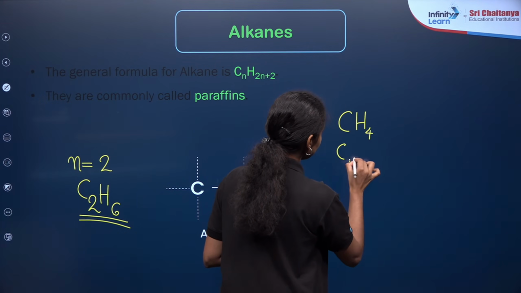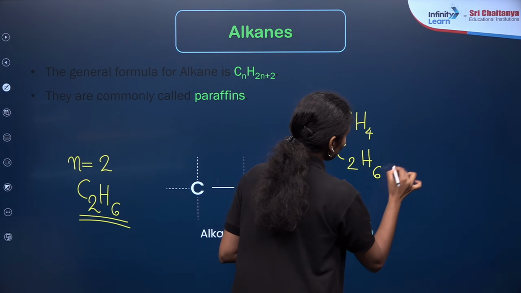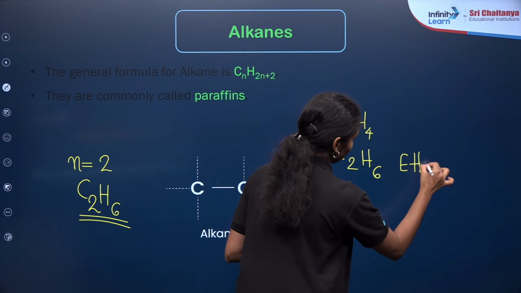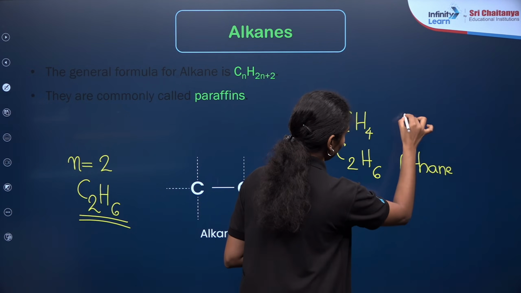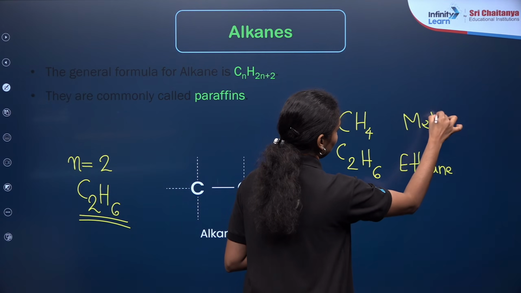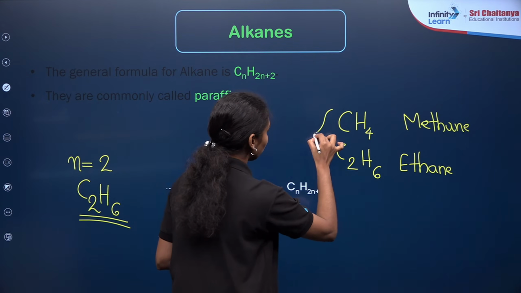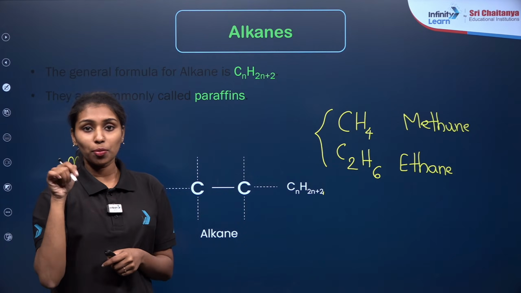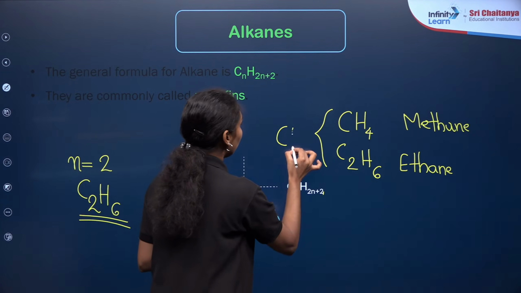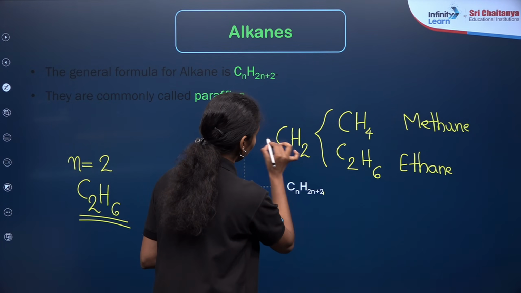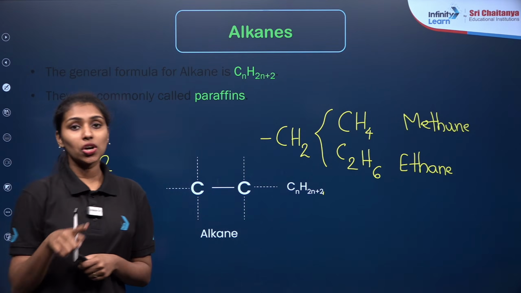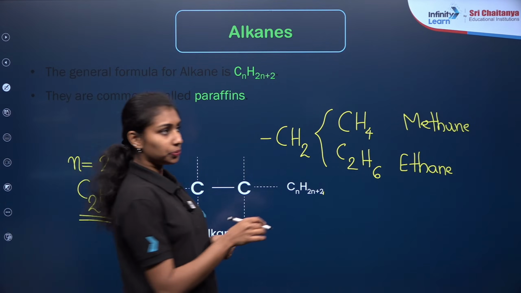The next alkane will be C2H6 or ethane, right? So this is a series. If you take the difference between two consecutive molecules, there will be a difference of a CH2 unit, right? Such a series is known as the homologous series.